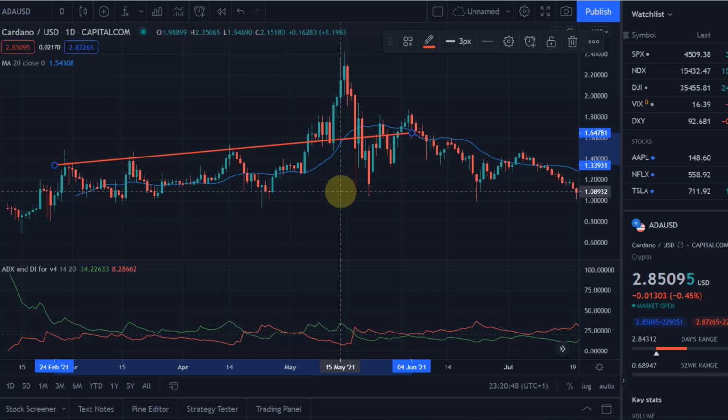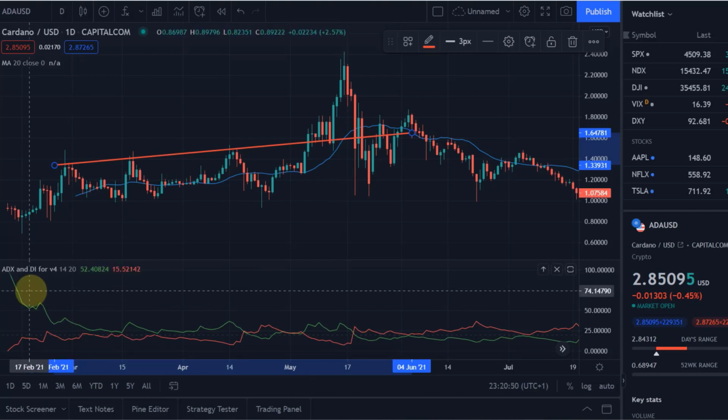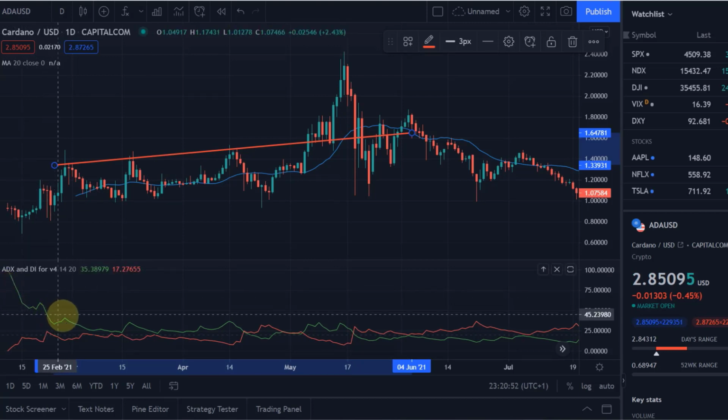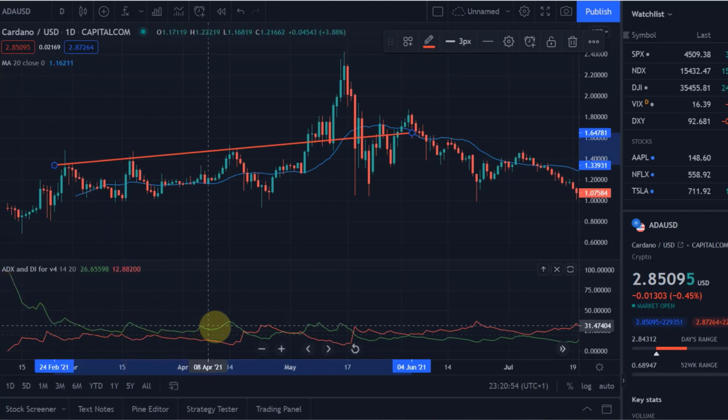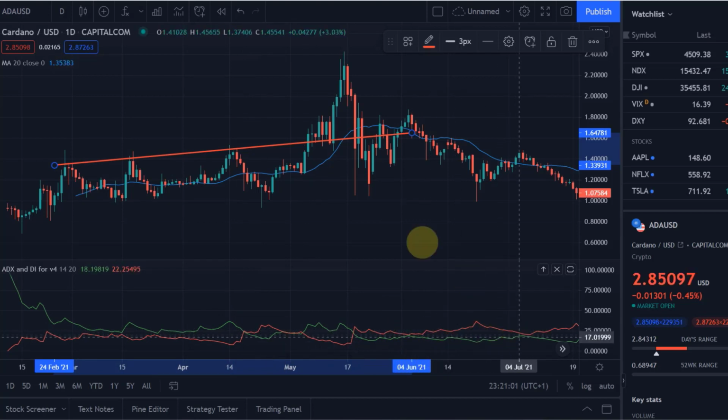And then I showed you the ADX indicator, which can show you a trend to the upside if the green line is above the red line, and on the other hand a downtrend when the red line is above the green line.